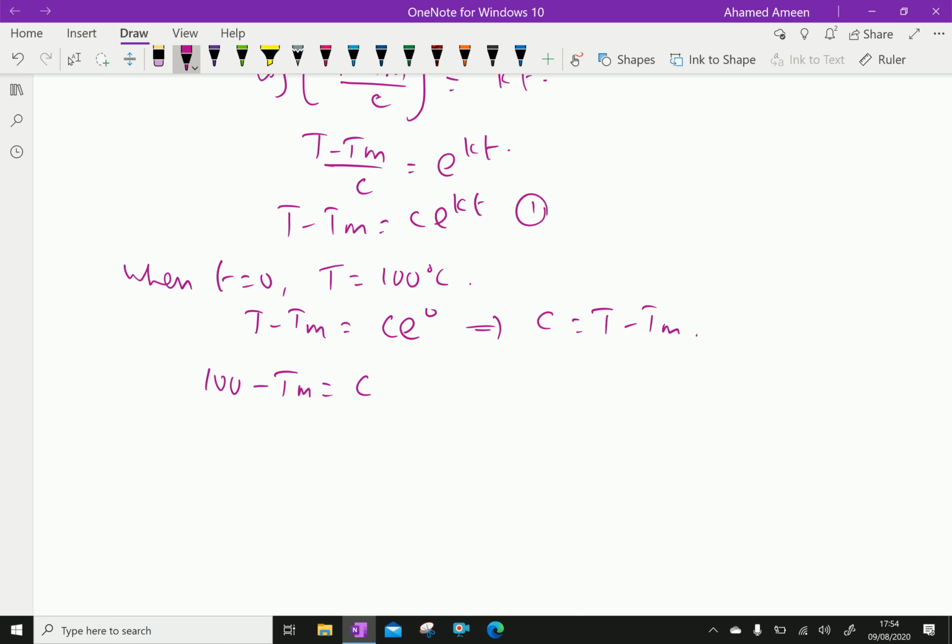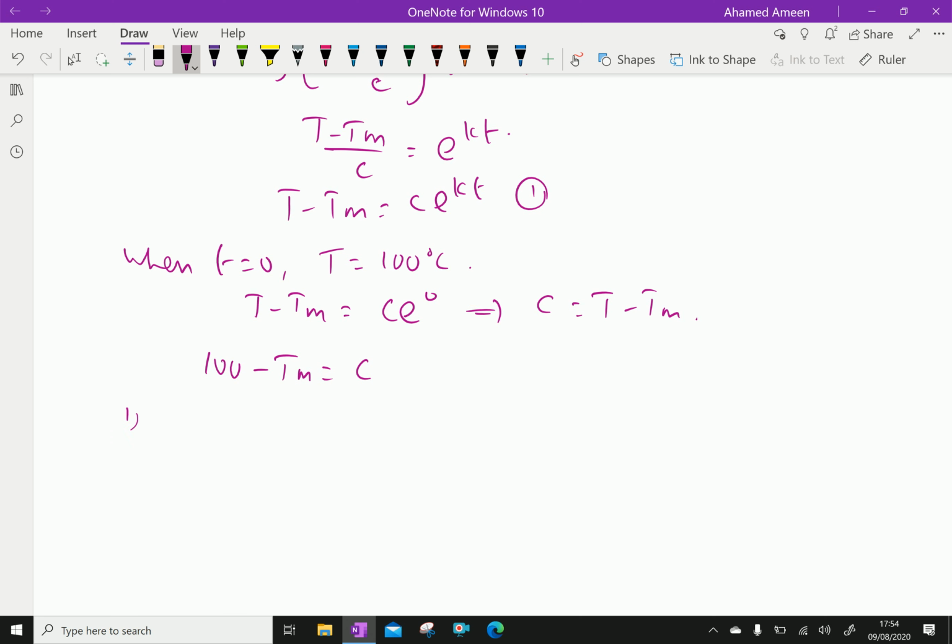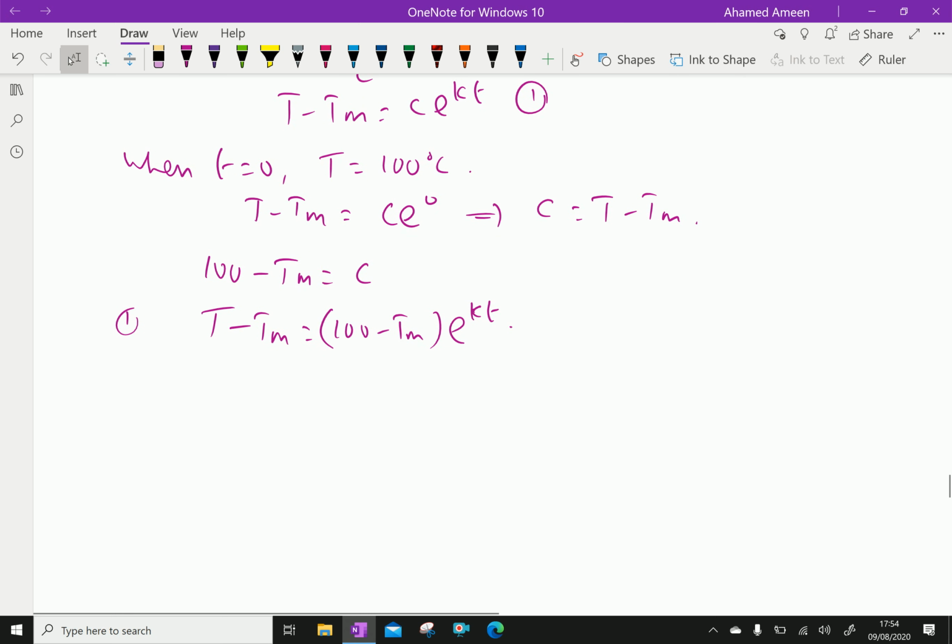Now from 1, T minus Tm equal c e power kt. That we can write from 1, T minus Tm equal, c is 100 minus Tm, e power kt.